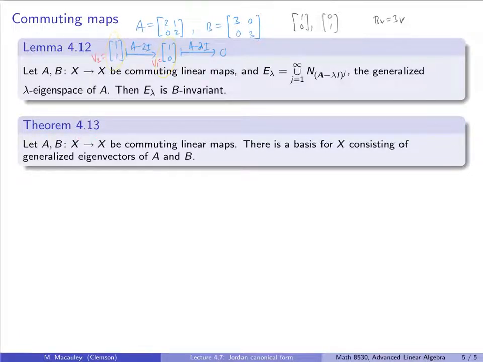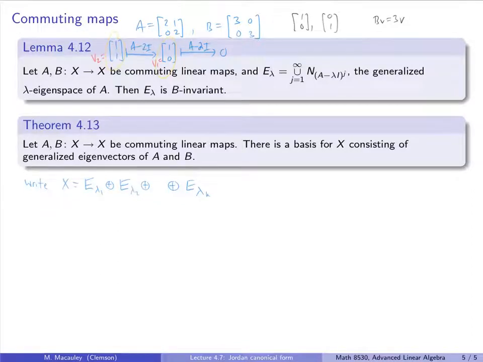We will start by writing X as a direct sum of generalized eigenspaces of A. So let's write X as E_lambda1 direct sum E_lambda2, all the way up to E_lambdak.